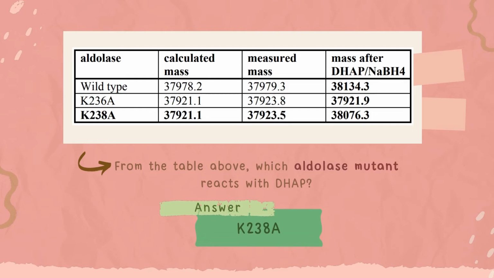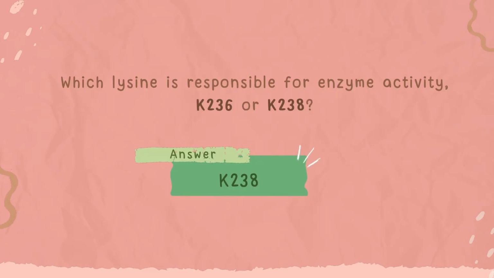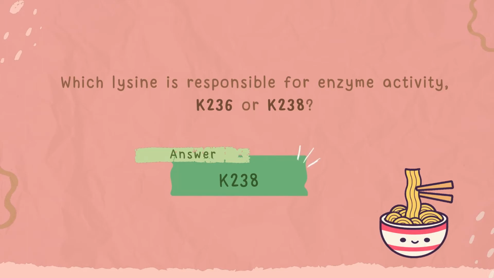K236A, on the other hand, did not undergo any changes upon its reaction with the DHAP. Following this, the specific lysine that is responsible for the enzymatic activity of Class 1 FBP aldolase is the lysine located on the 238 residue of the isolated fragment.